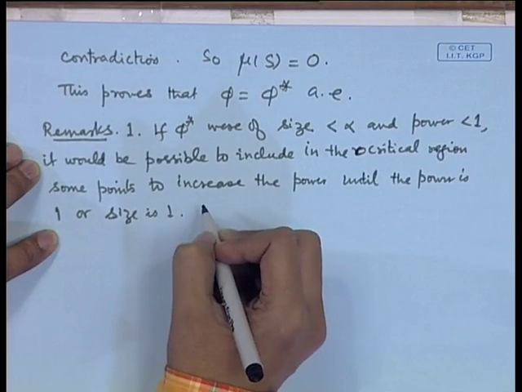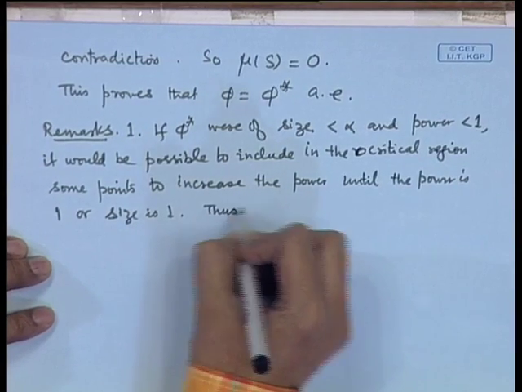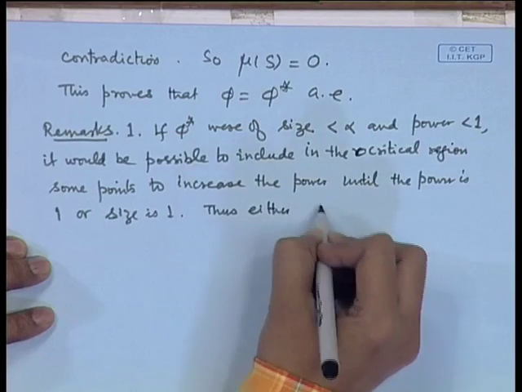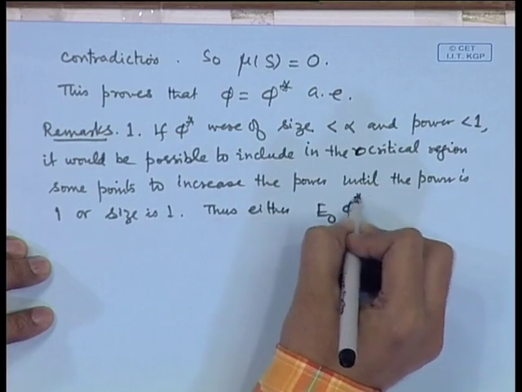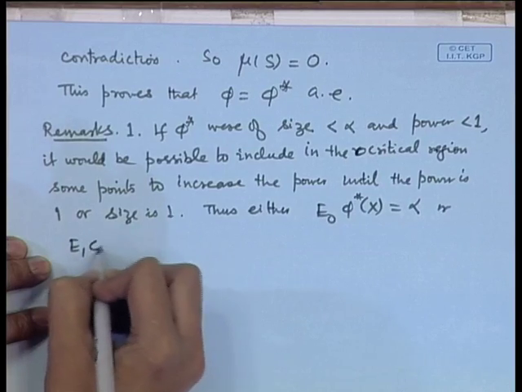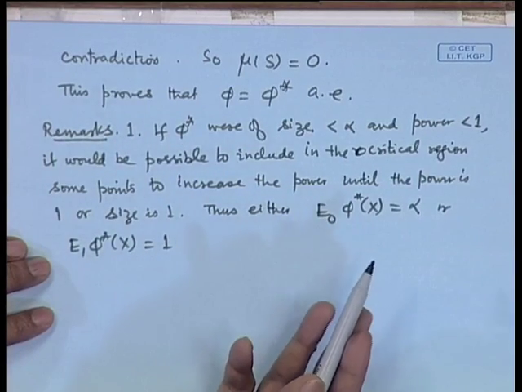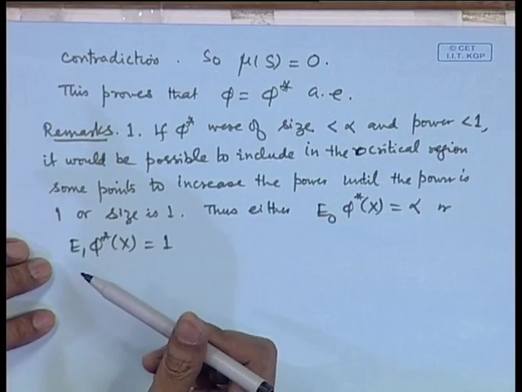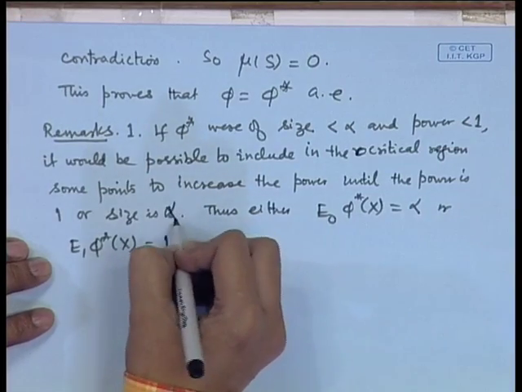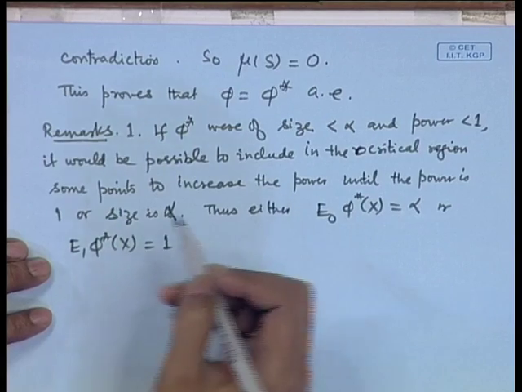Either of the things will happen. Thus, either you will have expectation of phi star x is equal to alpha or expectation of phi star x is equal to 1. That means, either the size will become alpha or the power will become 1.